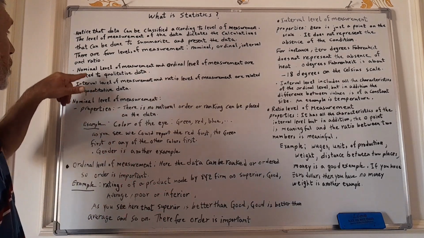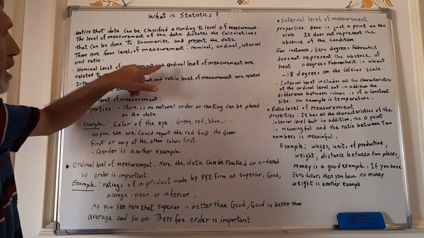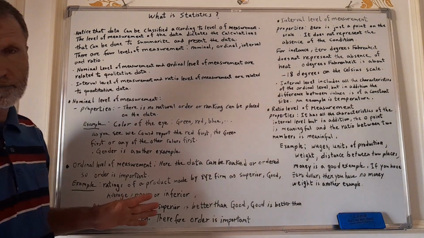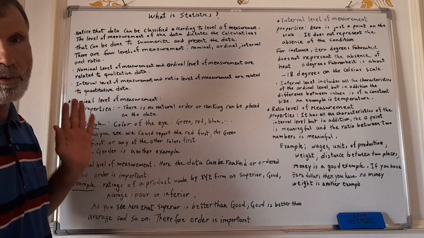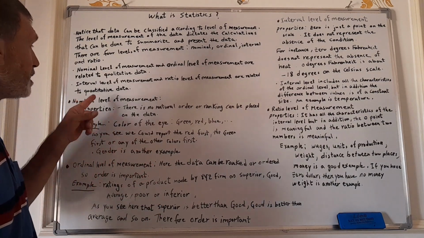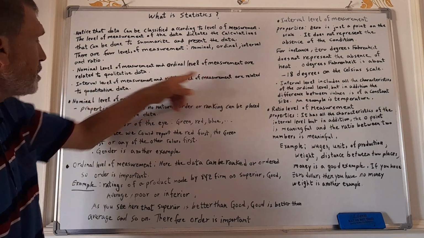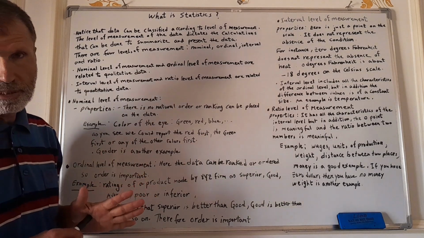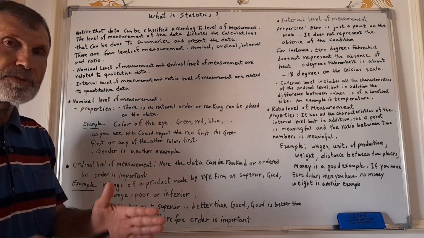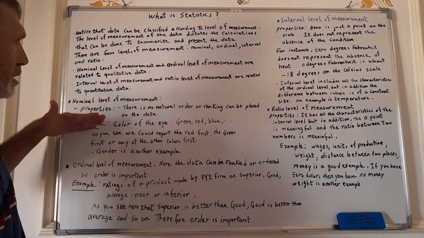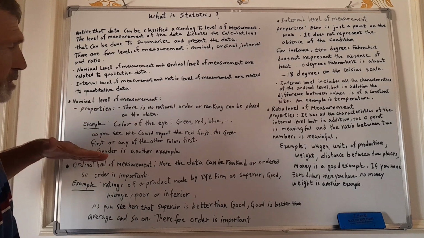Here, nominal and ordinal levels of measurement are related to qualitative data. However, interval and ratio levels of measurement are related to quantitative data, that is, data that can be reported numerically.